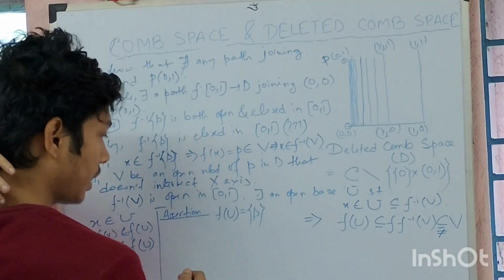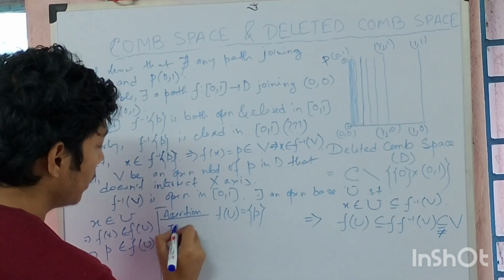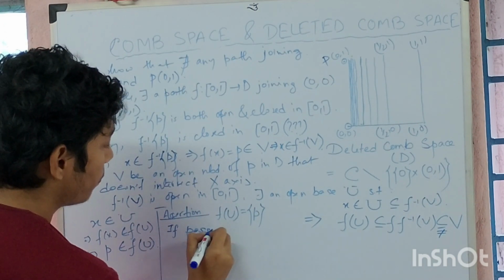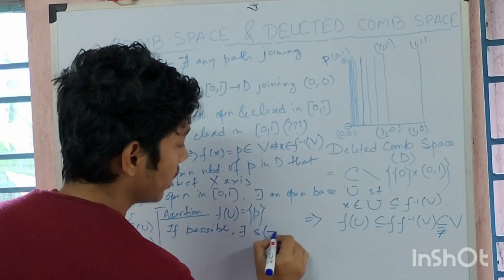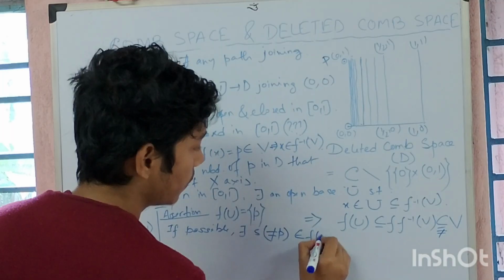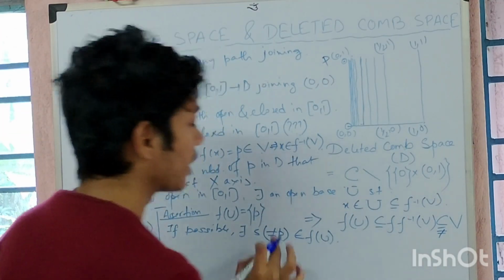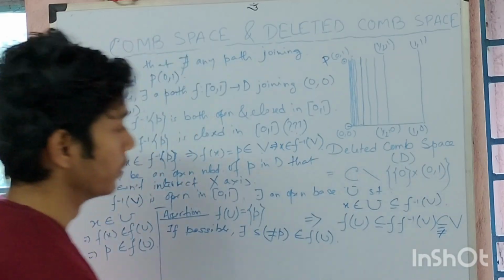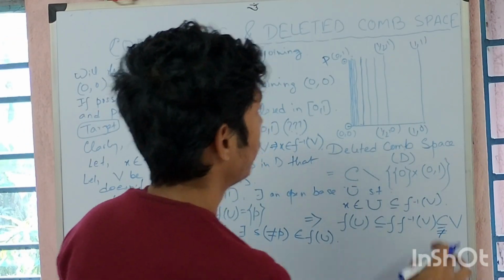How can I prove it? Very clear. Let, if possible, there exist S that is not equal to P, that is other than P, and that belongs to F of U. I am taking any other element S that belongs to F of U. And what is F of U? F of U is basically a subset of V. What is V?